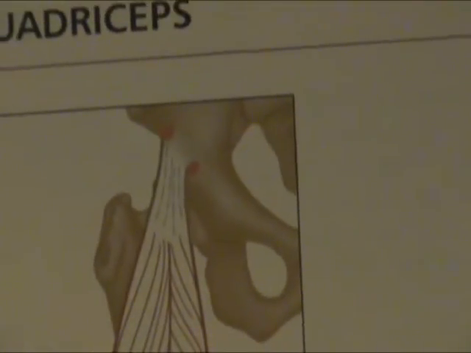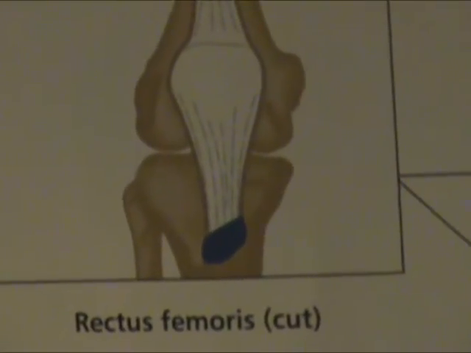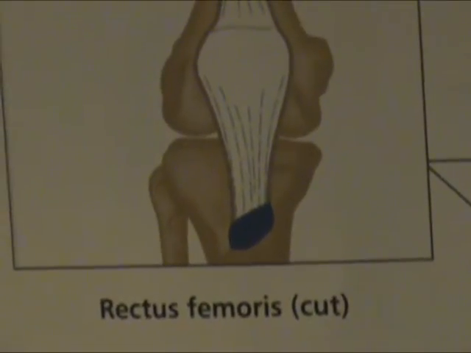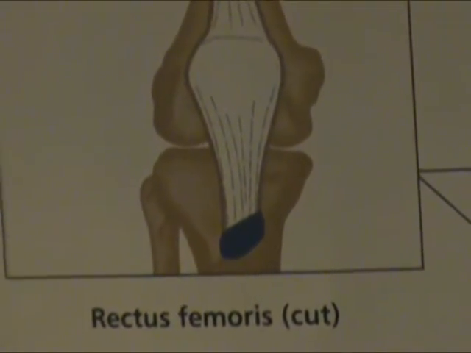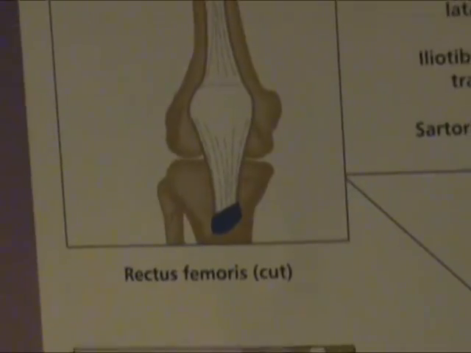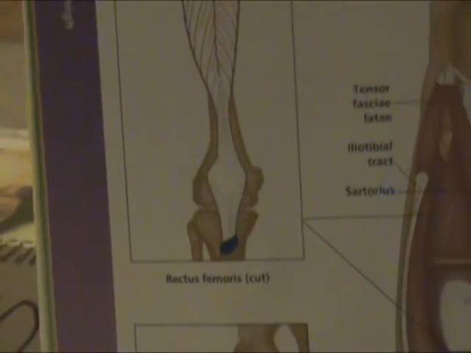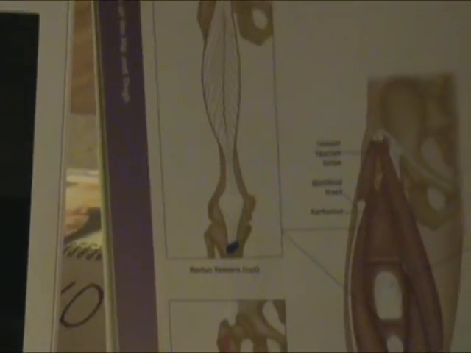And it inserts at the upper border of the patella. The action of the rectus femoris is to extend the knee and flex the thigh. The joints associated with the rectus femoris are the knee and the thigh.